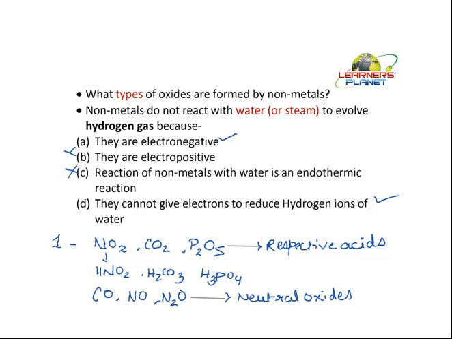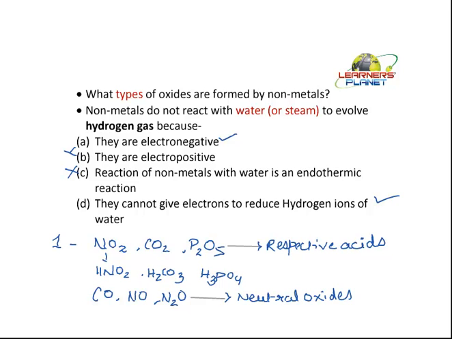You don't need to mug up that non-metals do not react with water or acid. Just find the logic: it is not reacting because it is electronegative, and not releasing hydrogen gas because it is not giving electrons to hydrogen ions.